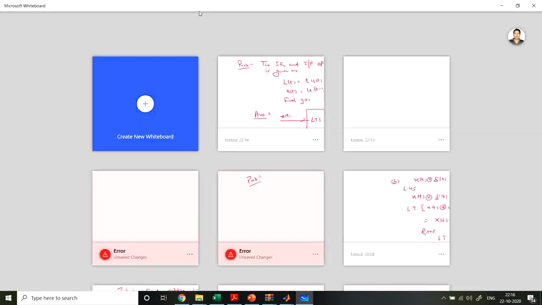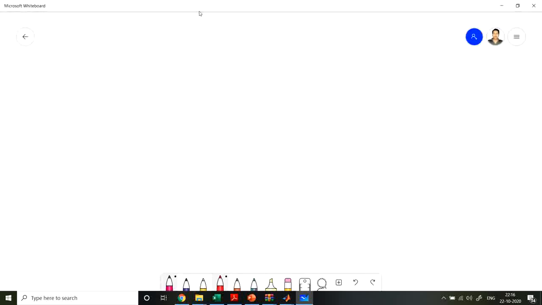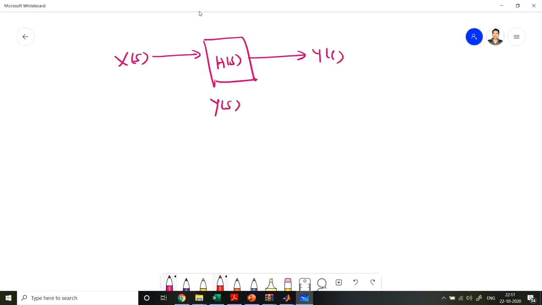If we convert this system into the S domain, the input is X(s), the impulse response is H(s), and the output is Y(s). So Y(s) equals H(s) multiplied by X(s).